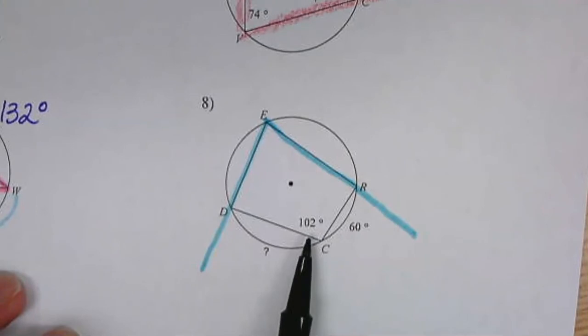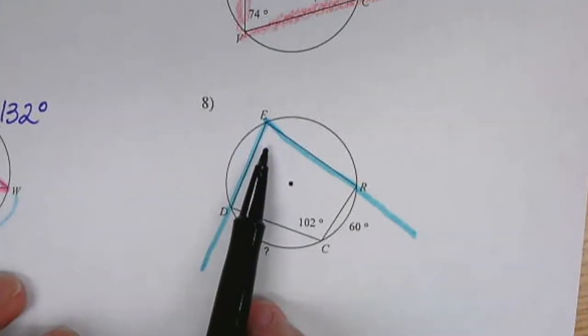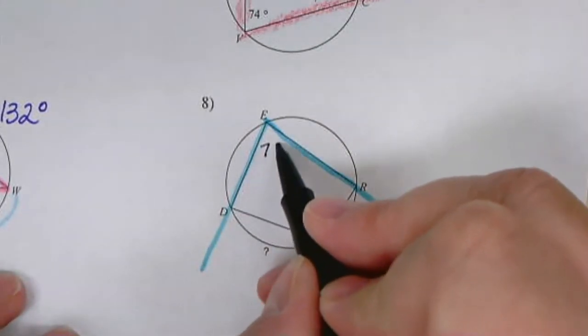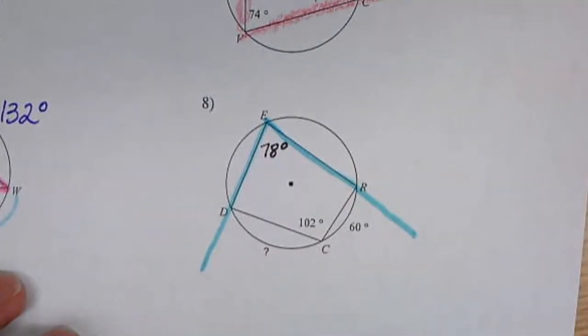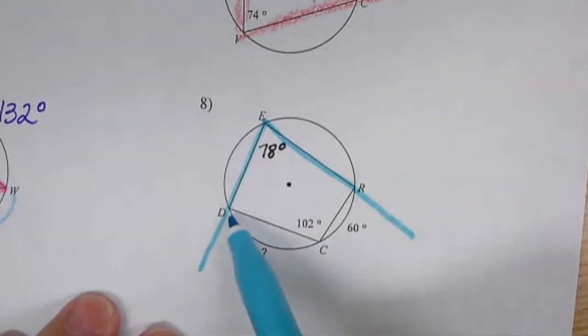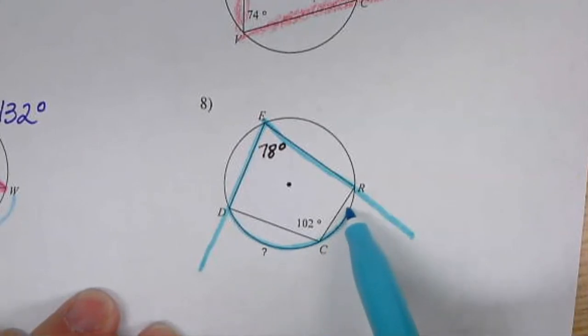Because I know that opposite angles in a quadrilateral are supplementary, I know that 180 minus 102 will tell me this angle over here. Okay, so 180 is 102 plus what? That's a 78. So angle E is 78 degrees. And then notice I traced the sides of that 78 degree angle so that I could show that it intercepts this portion of the circle.